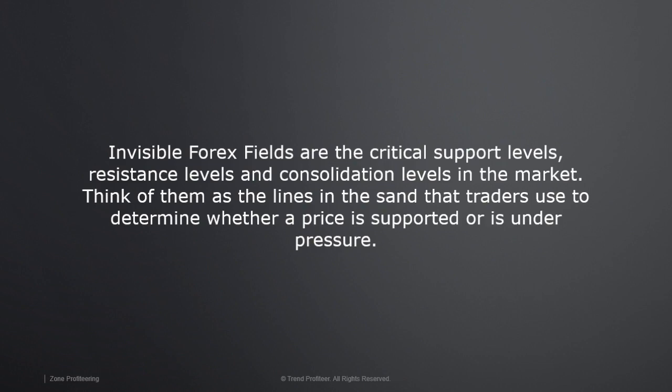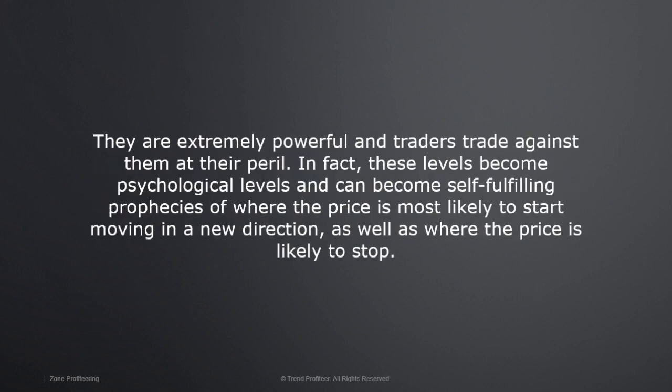Think of them as the lines in the sand that traders use to determine whether a price is supported or is under pressure. So they are extremely powerful, and traders trade against them at their peril. In fact, these levels become psychological levels and can become self-fulfilling prophecies of where the price is most likely to start moving in a new direction, as well as where the price is likely to stop.